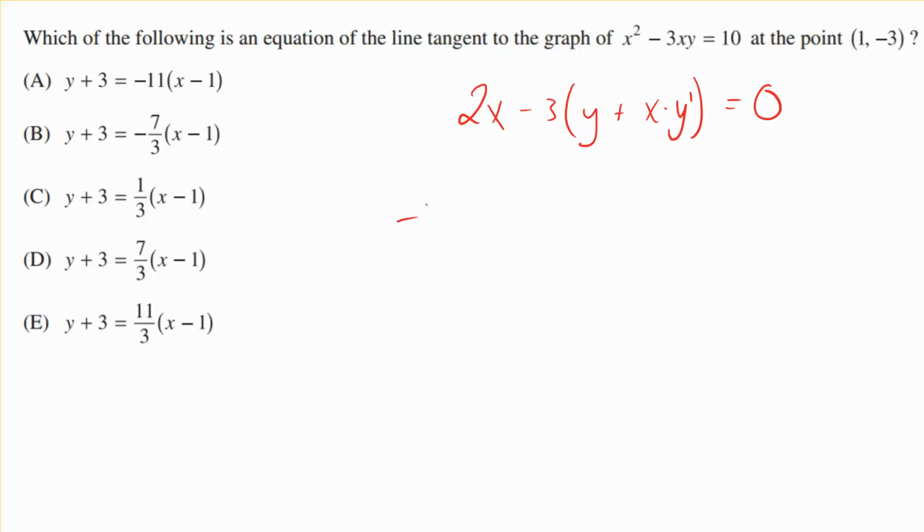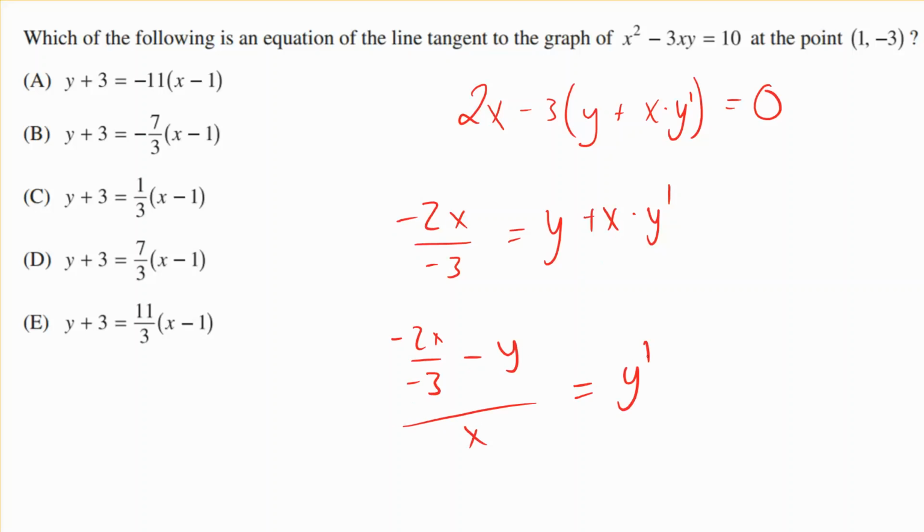So subtract the 2x over, divide by the -3, and then I'm going to be equal to y plus x y prime. I guess then I'd subtract the y over and divide by that x. And now I've got y prime by itself. And really it's just a matter of putting in the point (1, -3). So I put in 1 for x.